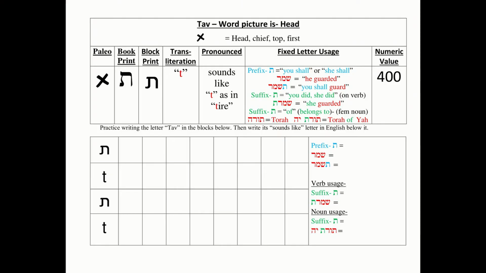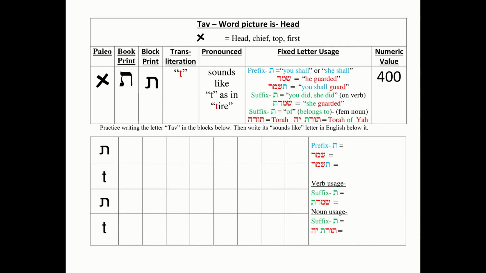I think that's interesting. The Tav, and I'll come over to the board here, is the sign or a seal. And so if you put a Tav into something, you're putting a seal, or your insignia. You would seal something. It's that marking.